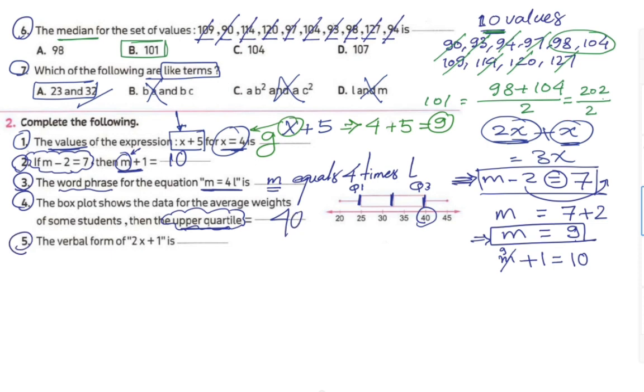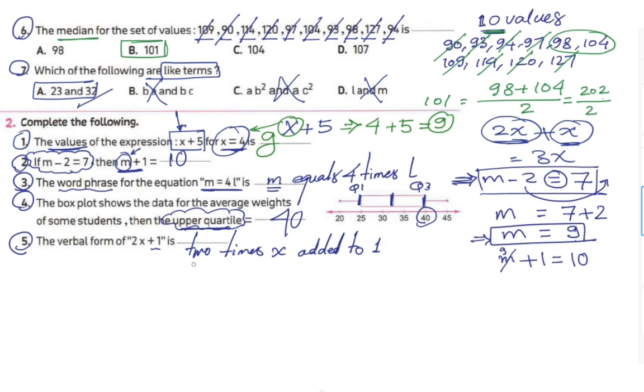Last question. The verbal form of 2x plus 1. The verbal form is the word form. I can write 2x plus 1 as 2 times x, added to 1.